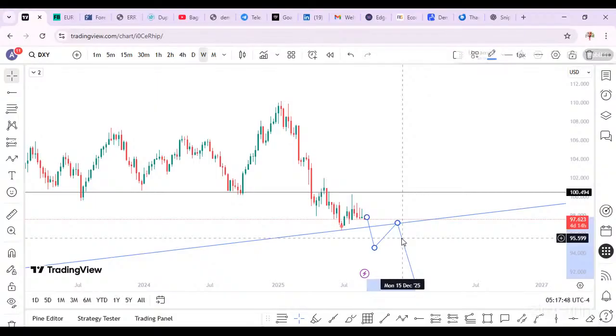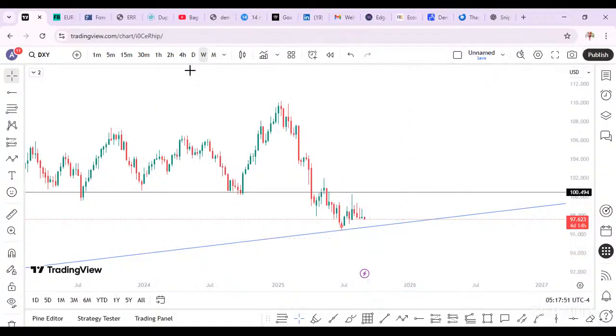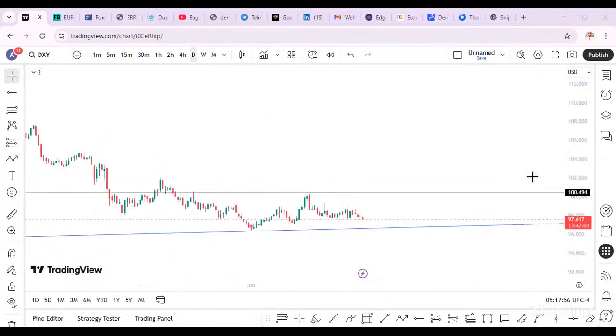A lot of build-up is happening for FOMC, NFP, FOMC, CPI. Everything is happening in this month.